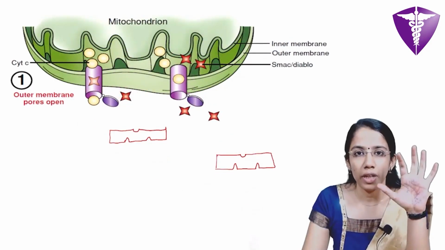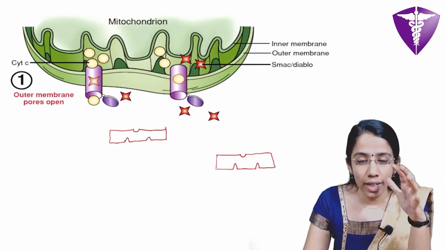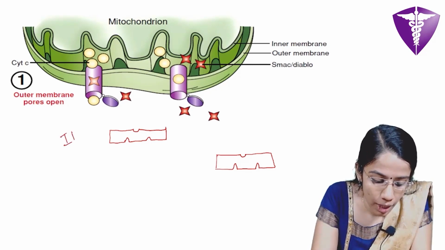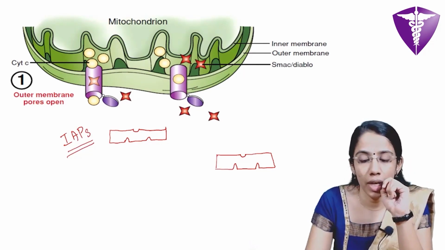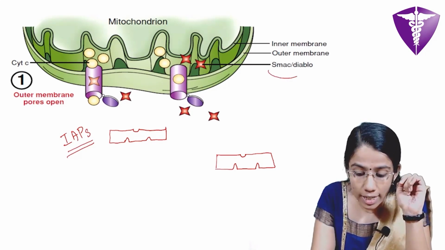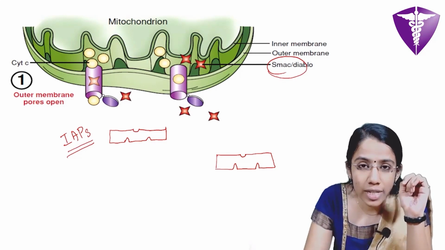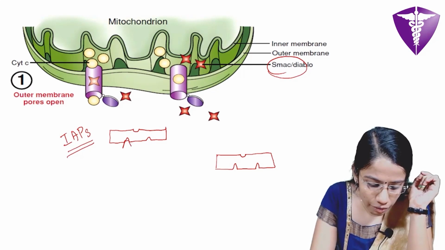So apart from APAF1 and the apoptosome complex, there are other physiological inhibitors of apoptosis present in the cytoplasm. Normally, their function is to bind caspases.